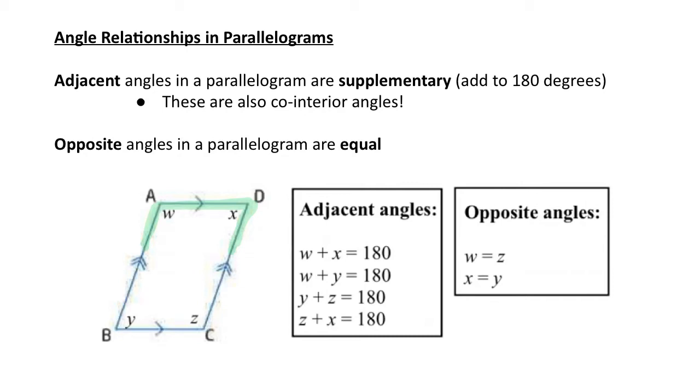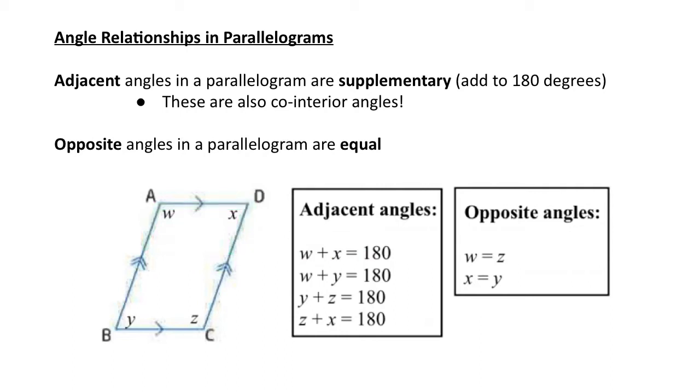So this doesn't explicitly look like a C, it's kind of like an upside down sideways C, but these angles W and X are indeed adjacent and co-interior. So what I know about W and X is that if I were to add those two angle measurements together, they would add up to 180 degrees, which means that they are supplementary.